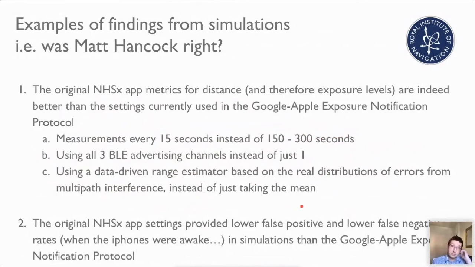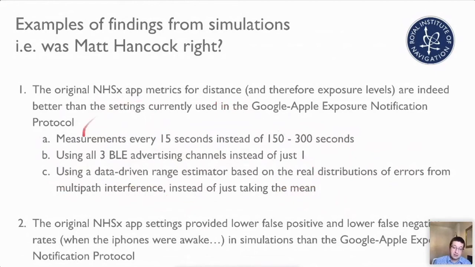And taking the mean when you've got multipath interference means that you will always estimate a value that's much lower than you should be estimating, and would estimate if you used a better estimator. So hopefully the Google Apple Exposure Notification Protocol will move to a better estimator than this and move to one that's based on the statistics of multipath interference.